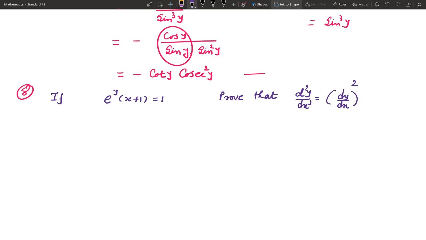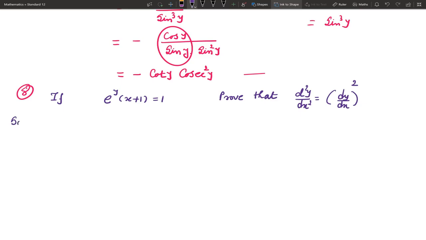We have given e raised to y into bracket x plus 1 equal to 1, and we have to prove that d2y by dx2 equals dy by dx whole square.